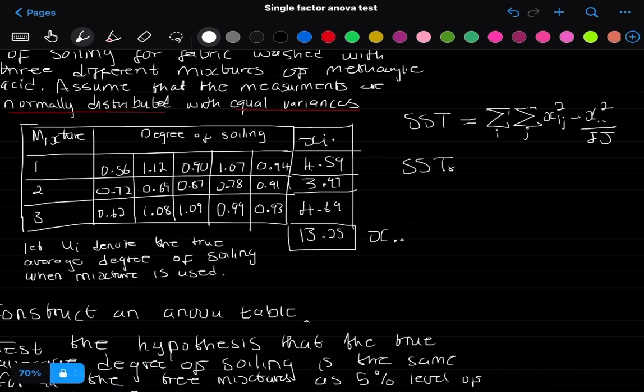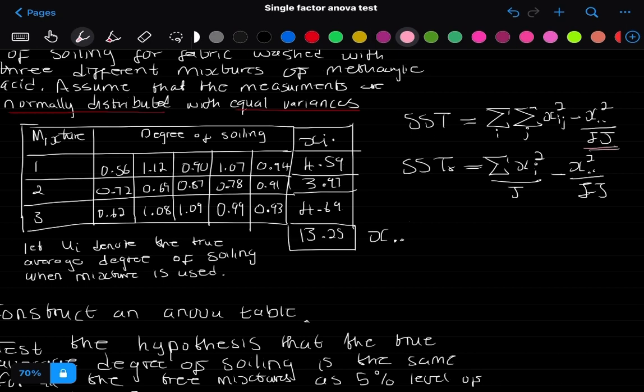This is another formula that we'll be familiar with: one over J times the sum of the Xi dot squared, minus the same x dot dot squared divided by IJ.